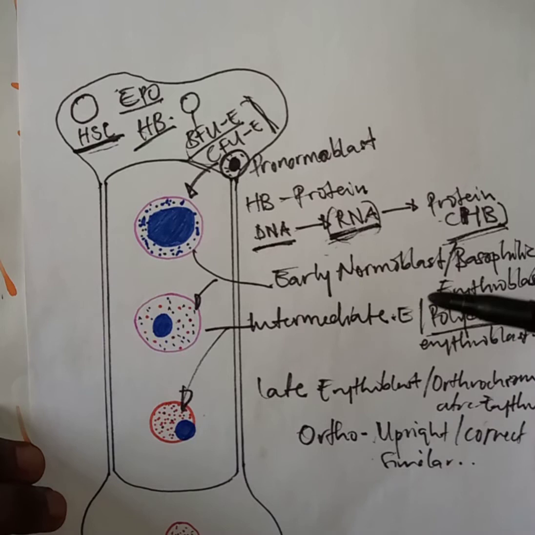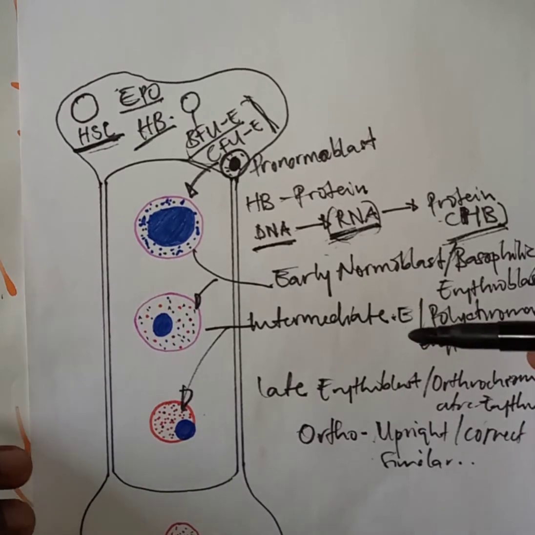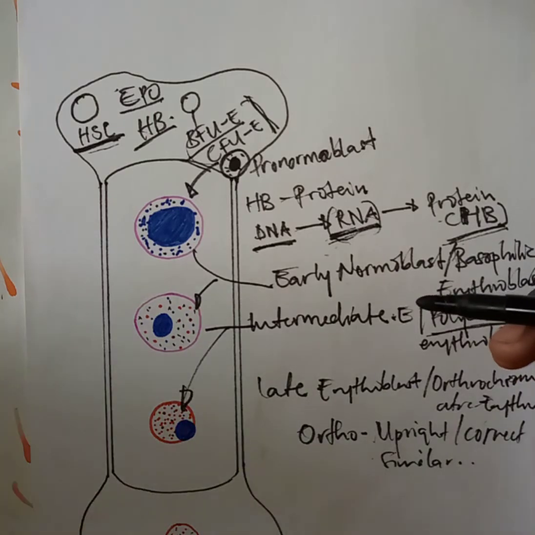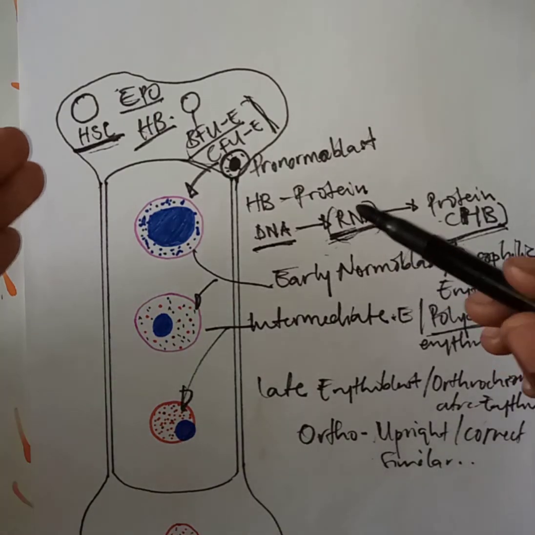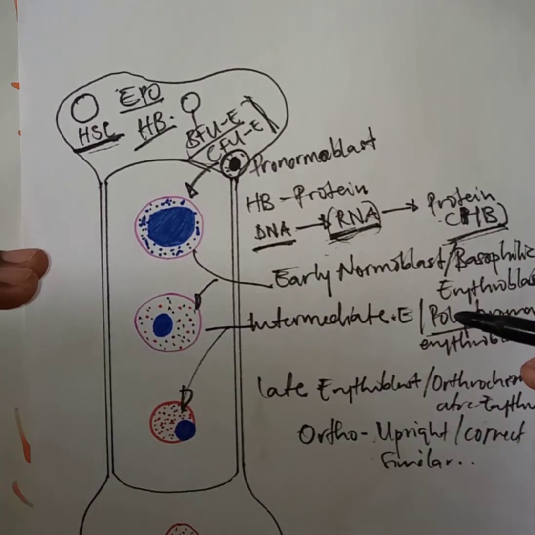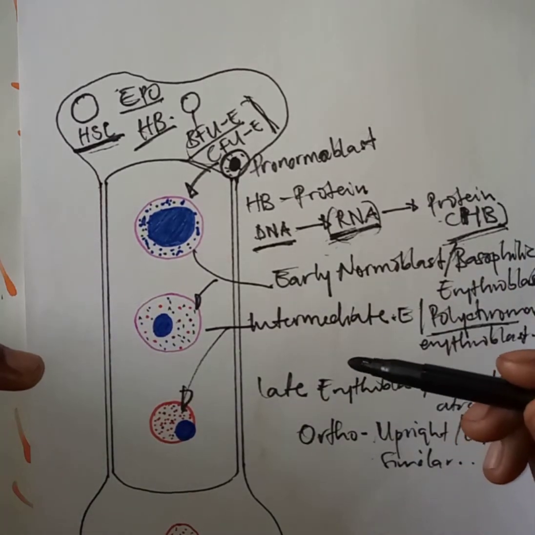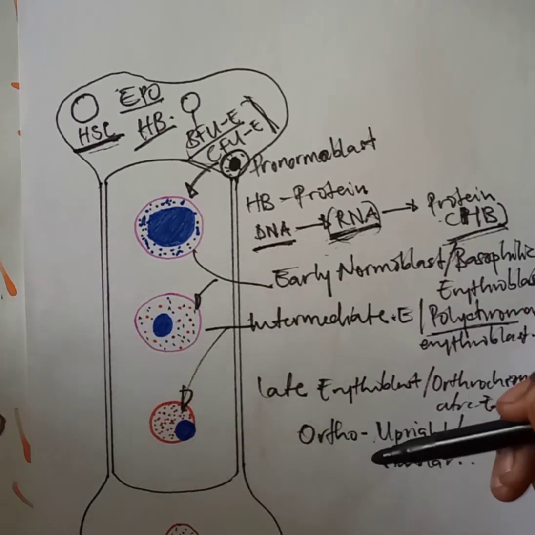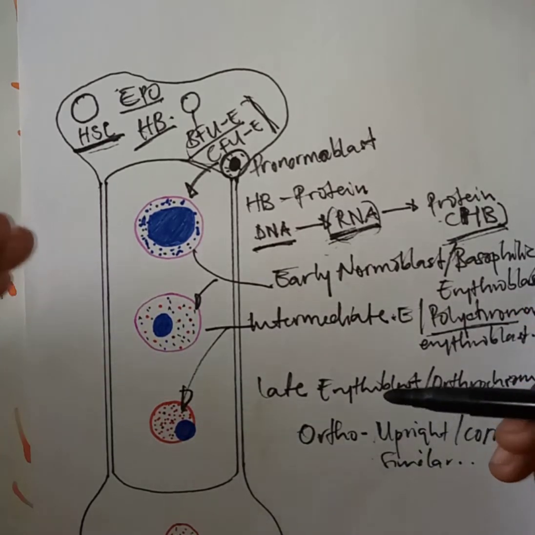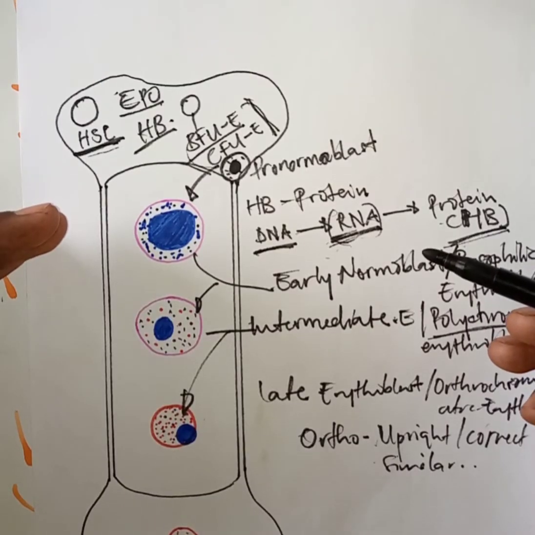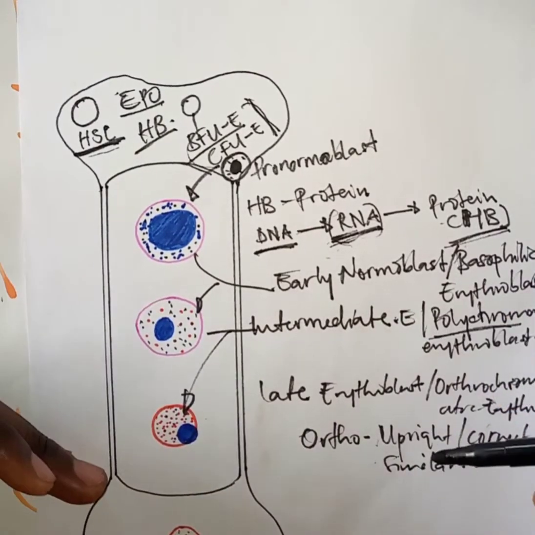What we need to realize about these cells is, as a red cell grows, the size of the cell is reducing. The pronormoblast was larger. The arenormoblast was smaller than the pronormoblast, but still larger than the subsequent cell coming. The intermediate will be smaller than the arenormoblast, but still larger than the late erythroblast.